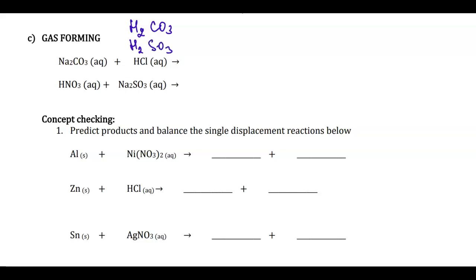So they are very unstable and they decompose: H2CO3 into H2O plus CO2, and this one, another one, H2O and SO2. And I'm just repeating, guys, you need to memorize them, right?